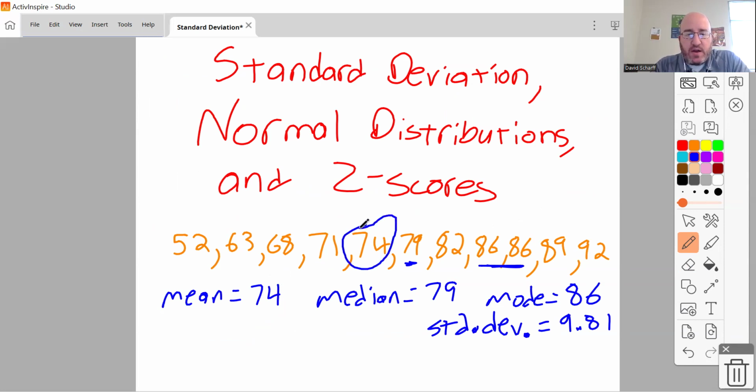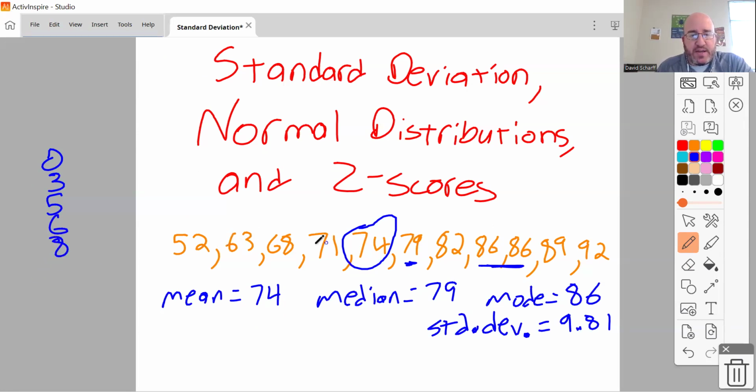So this test score of 74 is 0 points away from 74. And then we can just work off of this 74. 71 is 3 points away. 79 is 5 points away. 68 is 6 points away. 82 is 8 points away.